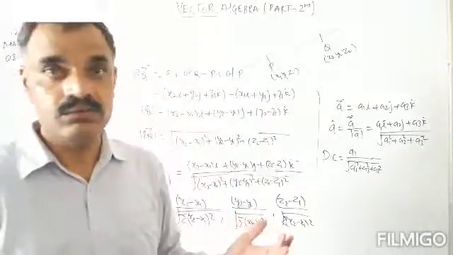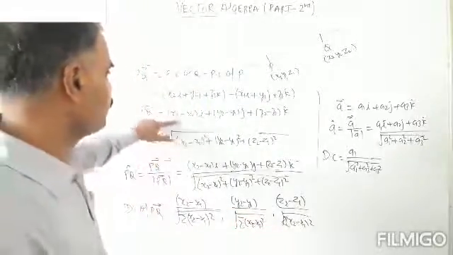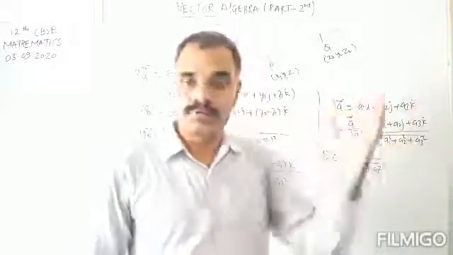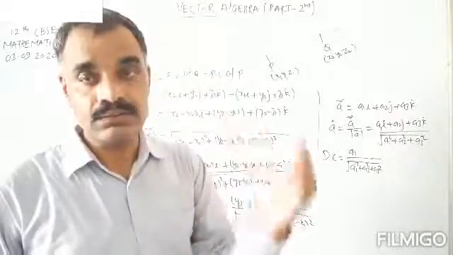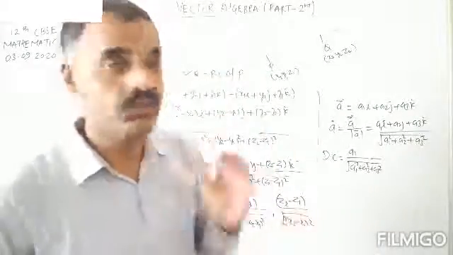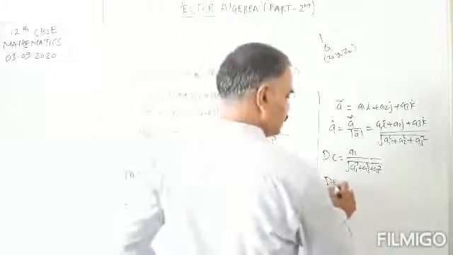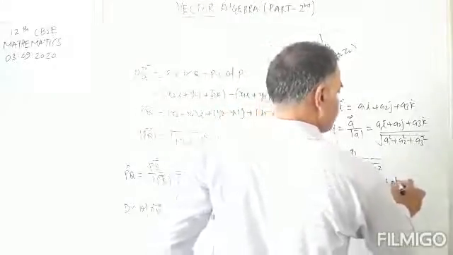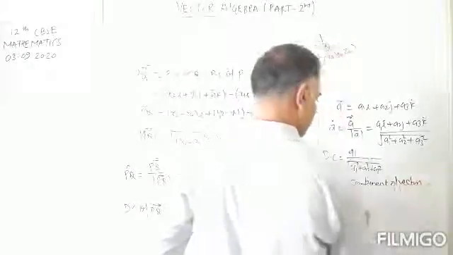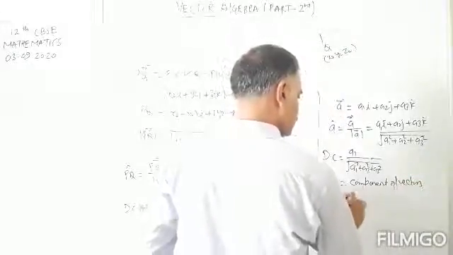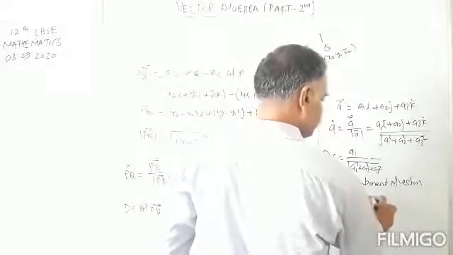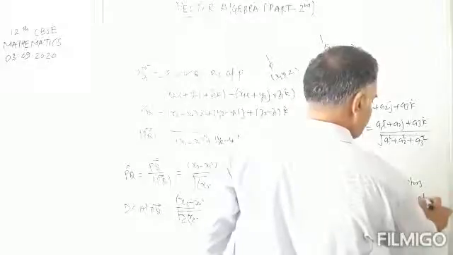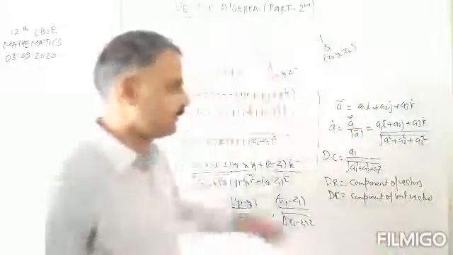Now the direction ratios. Direction ratios are the components of the vector, and direction cosines are the components of the unit vector. This is the difference between direction ratio and direction cosine.